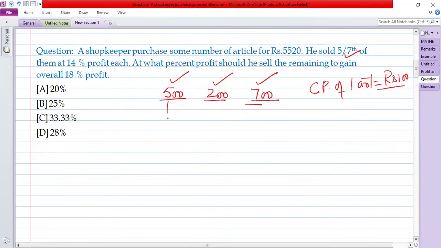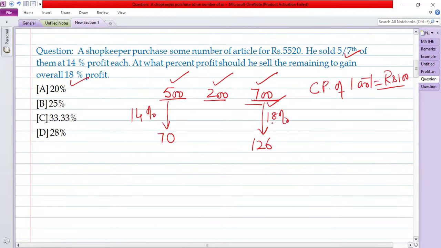Okay. Now for this 500, what is the profit percent? It is 14%. So the total profit amount is 70. And what is the overall required for 700? It is 18%. So what is 18% of this 700? It will be 126 if I'm not wrong.